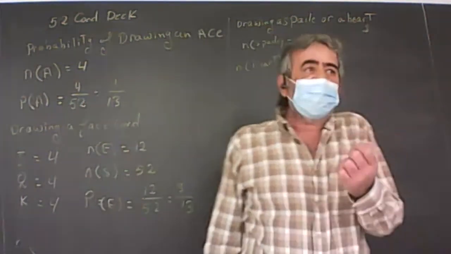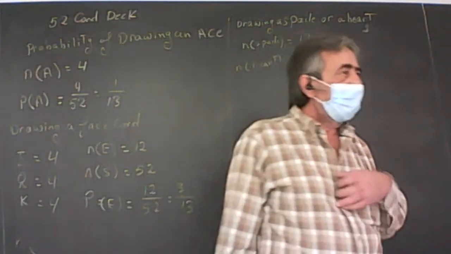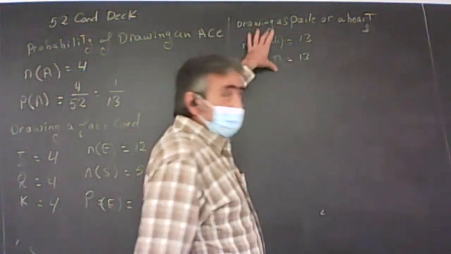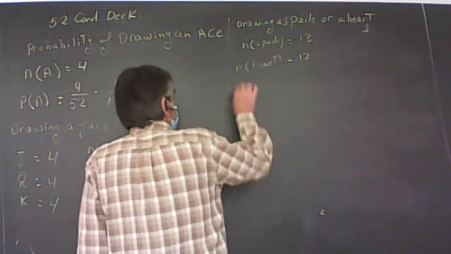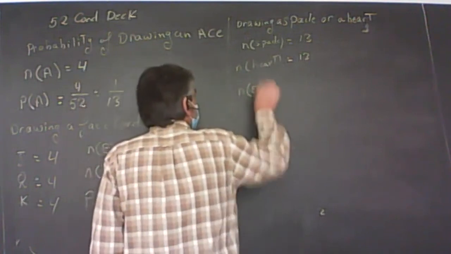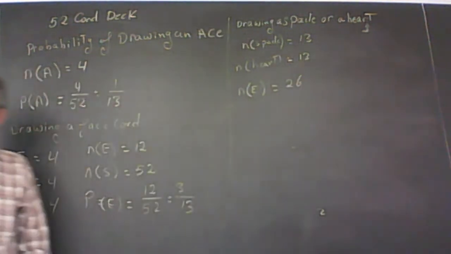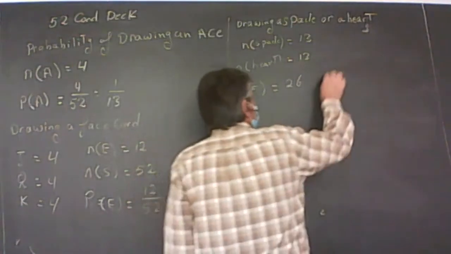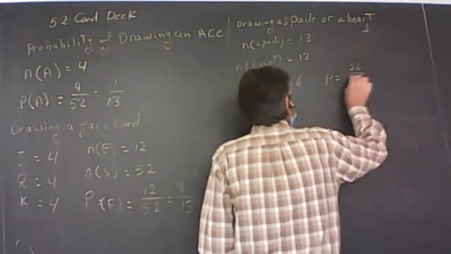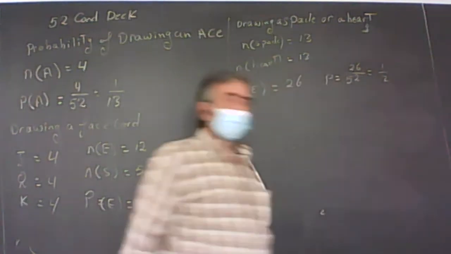I mean, a card cannot be a heart and a spade at the same time, yeah? So those two sets are disjoint sets. So therefore, the number in the event will be a total of 26, yeah? Then the probability is 26 over 52, which is 1/2.